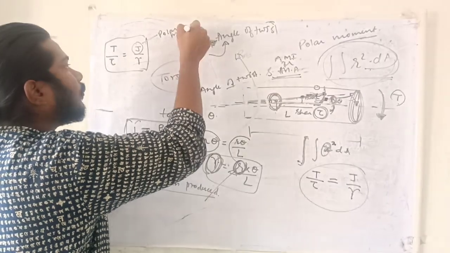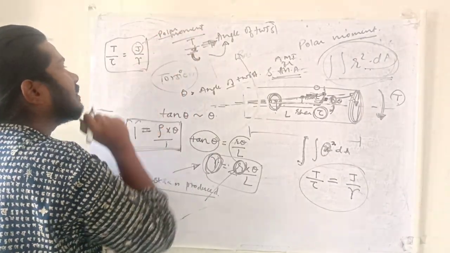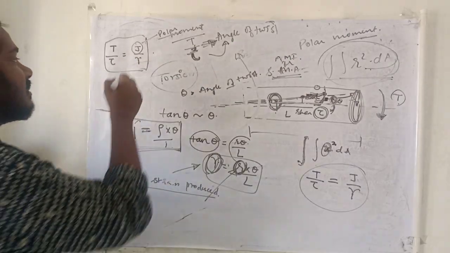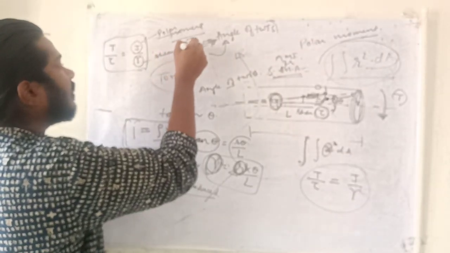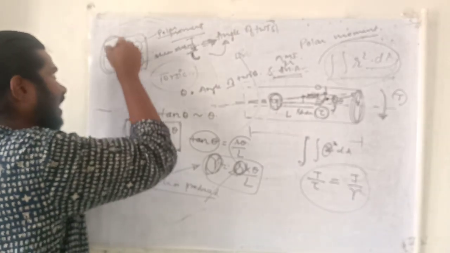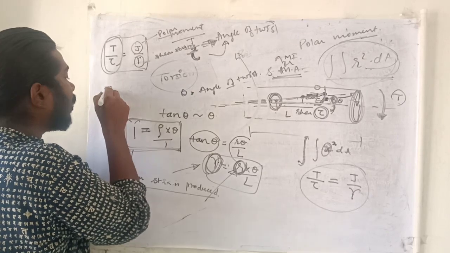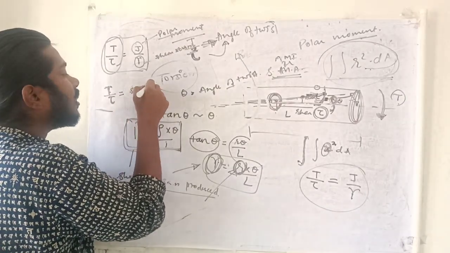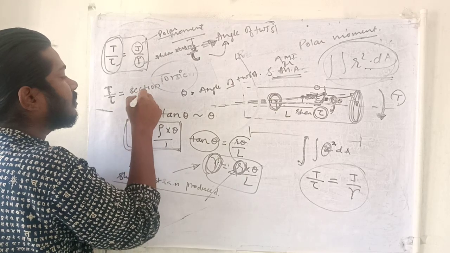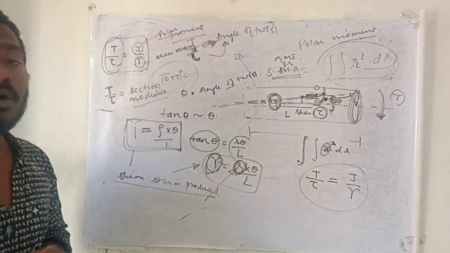Now for the second moment of inertia, we used to say I. For the polar moment of inertia, we denote it by J. This term, torque applied by the shear strain produced, is known as the section modulus of a shaft. Even for a beam we have to calculate the section modulus.